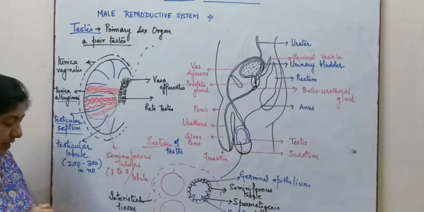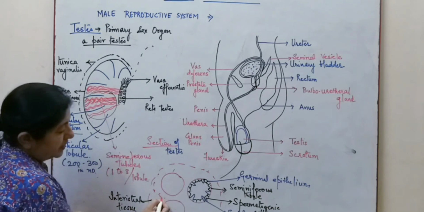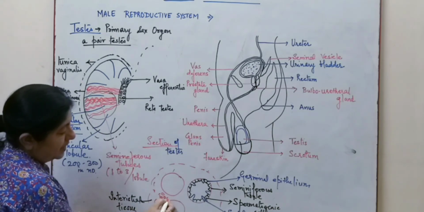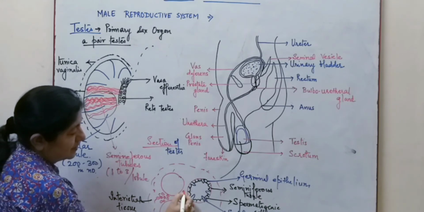Also, when you study the structure of the interstitial tissue, there is a mass or aggregation of certain specific cells at places.